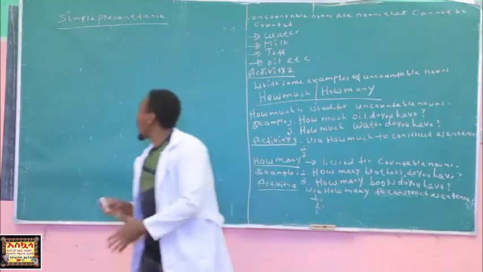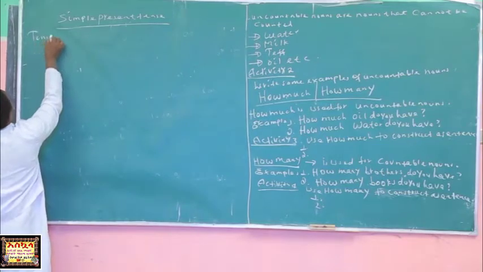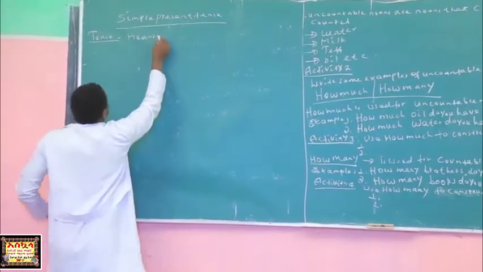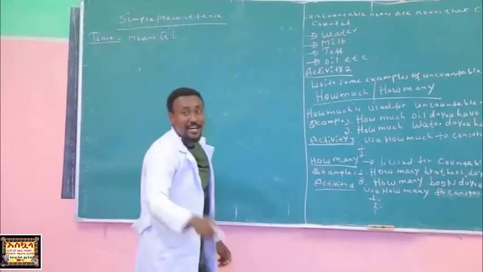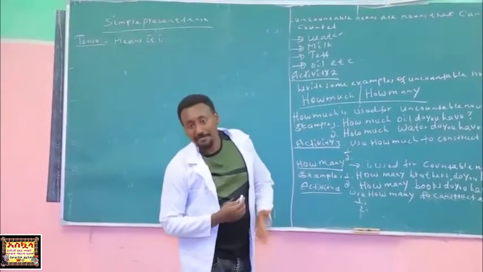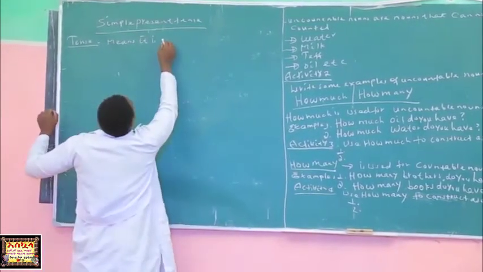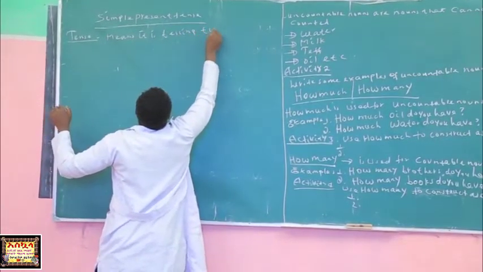Tense, in short, if you don't know, let me give you a short note. Tense means, it's not table tennis, the game. Tense is the grammar topic, it is telling what? Time.